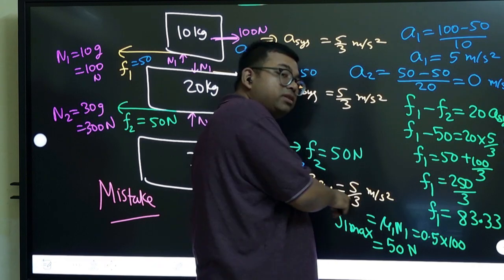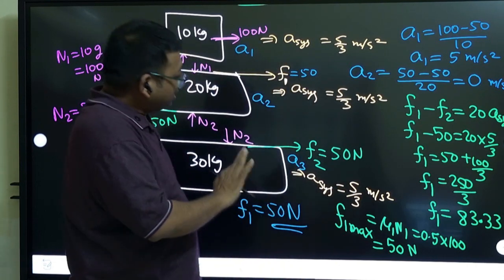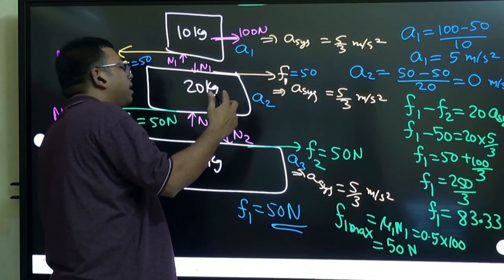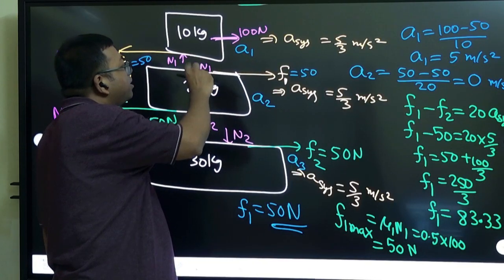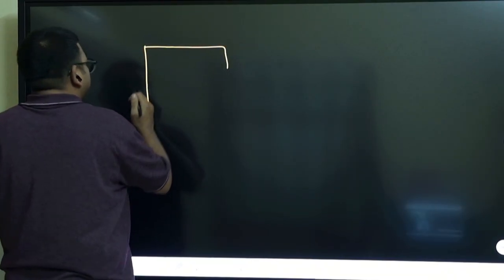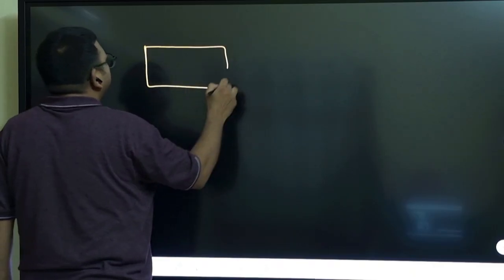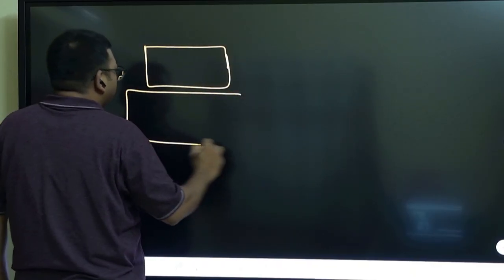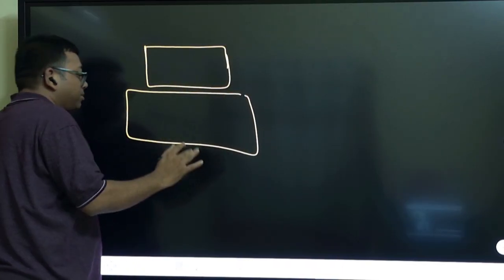First calculation for this block we have done correct. That is correct only. But in the second approach we made a mistake because we have broken it into two. So instead of breaking into two, we need to combine these two, right? This block, the upper block and this middle block, let us combine as a system now.